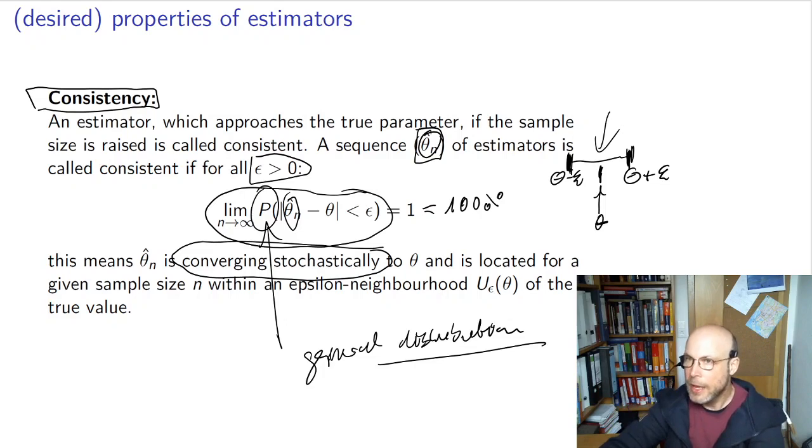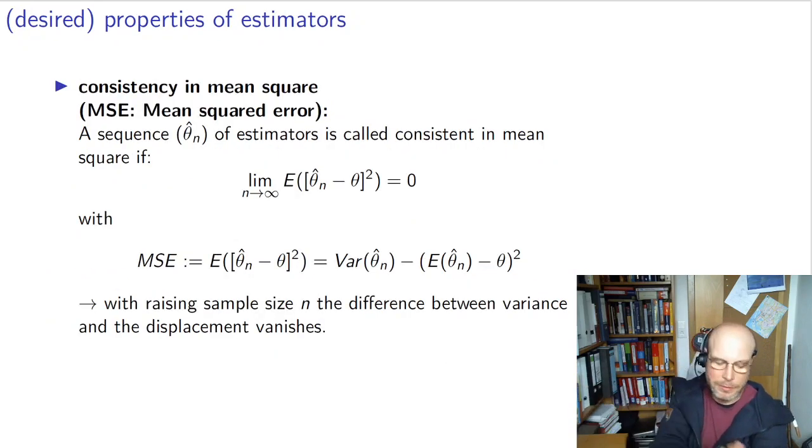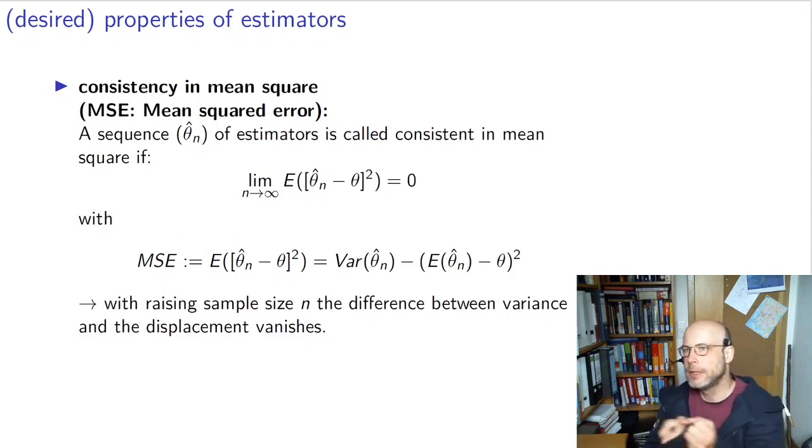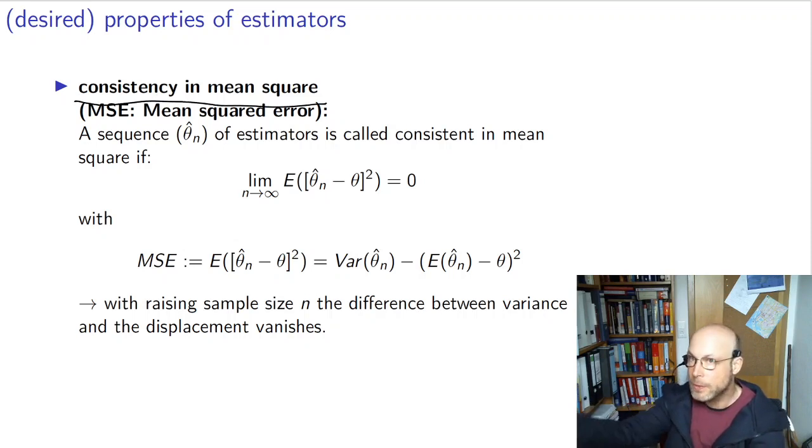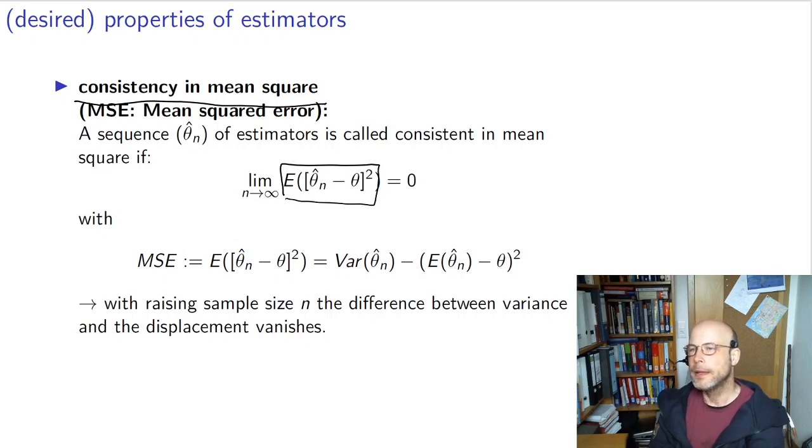given some complicated probability distribution. And therefore, I take a step back and go to some standard measures to be near, or to be in the neighborhood of, my true value. To be near my true value, quite often we calculate it via the quadratic distance. And therefore, we call it consistency in mean square, the quadratic distance, if the expected value of the quadratic distance is approaching zero.